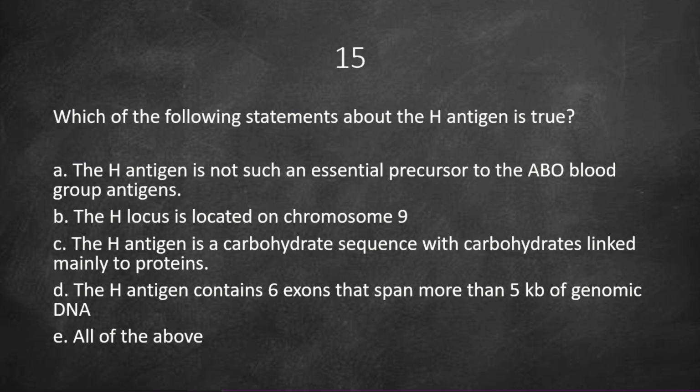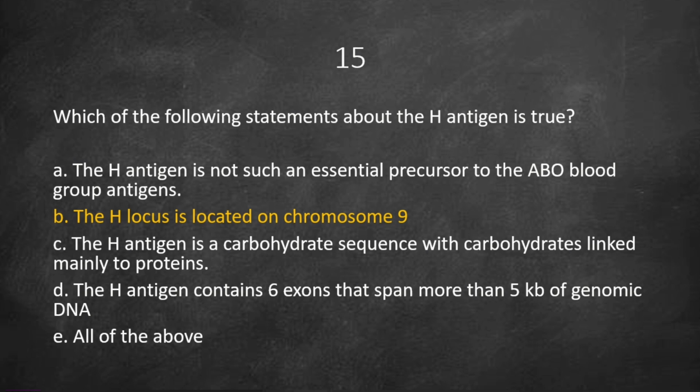Then C, the H antigen is a carbohydrate sequence with carbohydrate linked mainly to proteins. Then D, the H antigen contains 6 exons that span more than 5 kilobases of genomic DNA. Then E, all of the above. So the correct answer here is B, the H locus is located on chromosome 9.